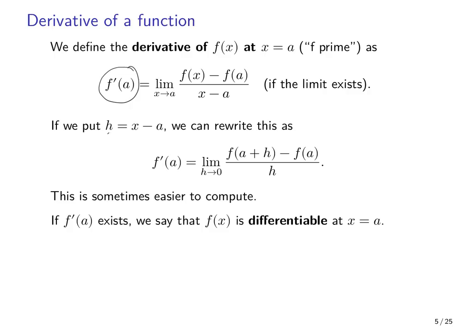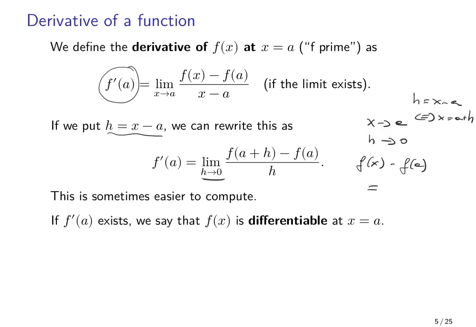We'll put h equal to x minus a, and if x goes to a, that's the same thing as h going to 0. So here we can write our limit as the limit as h goes to 0 of what? Of f of x minus f of a. So if h is x minus a, then x is a plus h.